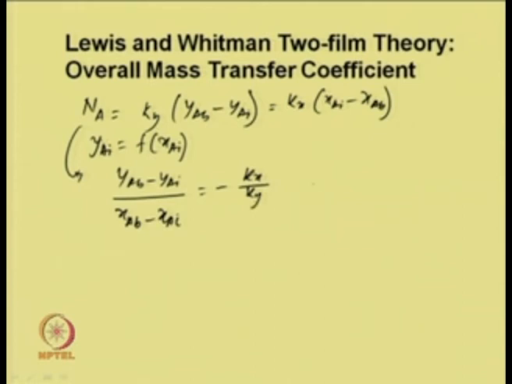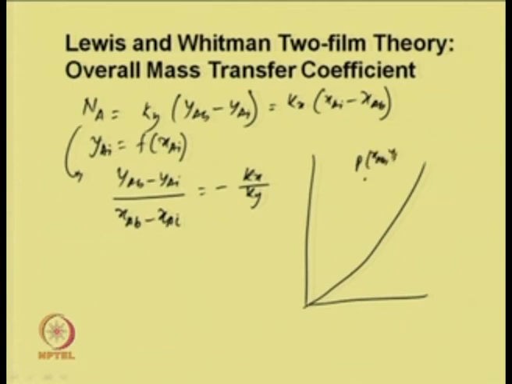So, if we plot in terms of driving force, suppose this is your equilibrium curve and this is the point P of XAB, YAB, the bulk concentration, and this is the slope of the line, which is minus Kx by Ky.